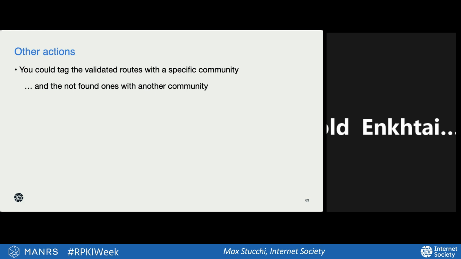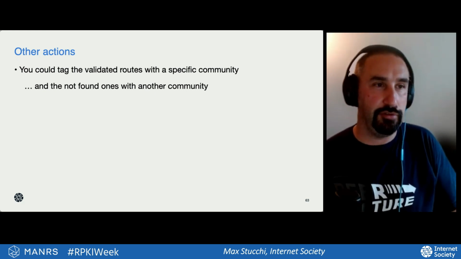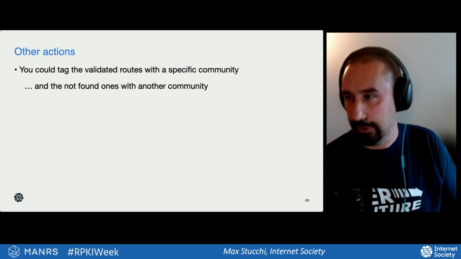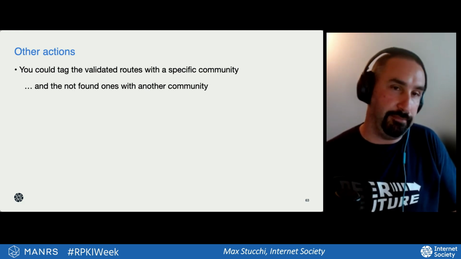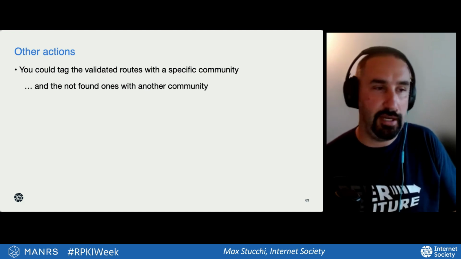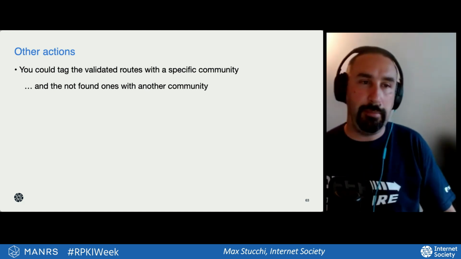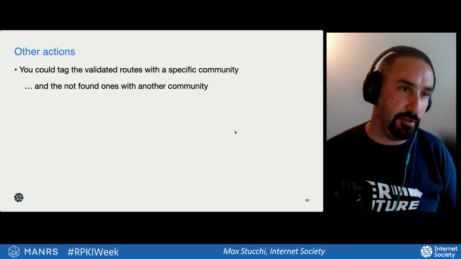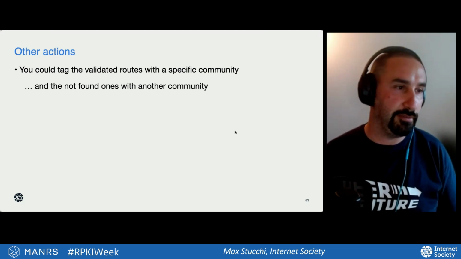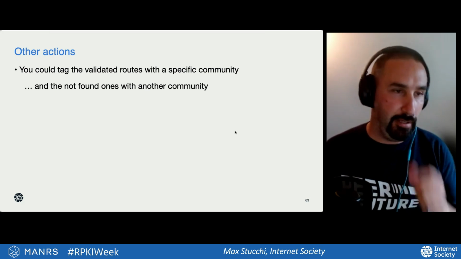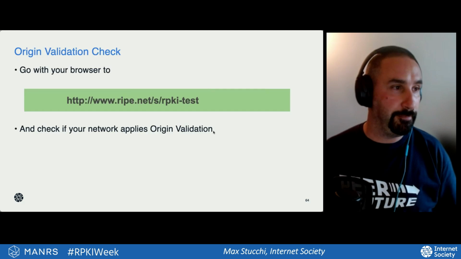Yeah, for testing, this is fine. Yes, maybe it's not better. It's better not to do it on a large production network. But yes, you could do this. If you run your own network, you could tag your routes the way you want. Maybe you want to figure out where they come from, how they were validated. There's a different way of doing that, but you can treat them the way you want.